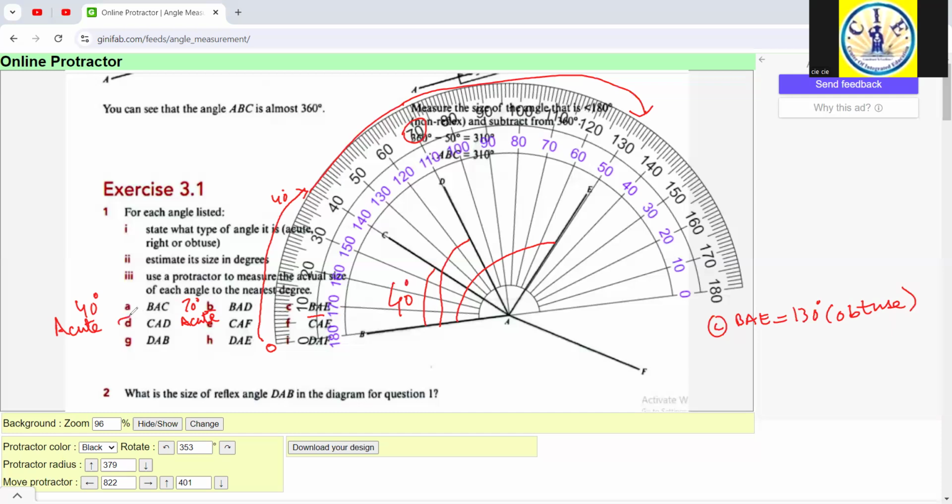Now angle CAD, this angle. This angle is also lesser than 90 degrees but greater than 0 degrees, so it is going to be an acute angle. But how much is it?